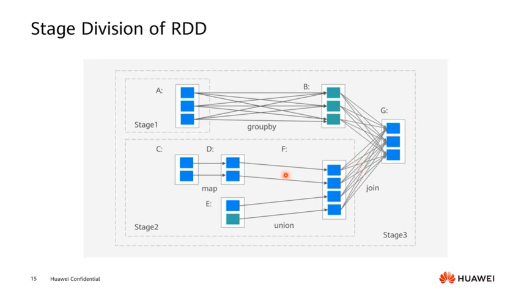When a narrow dependency is encountered, the RDD partition will be added to the current stage. The number of tasks in a stage is determined by the number of RDD partitions at the stage end. RDD conversion is a partition-based cross-grain computing, and the result of a stage execution is the RDD of these partitions.